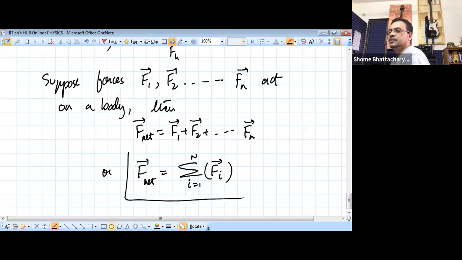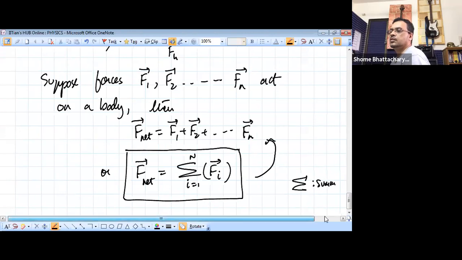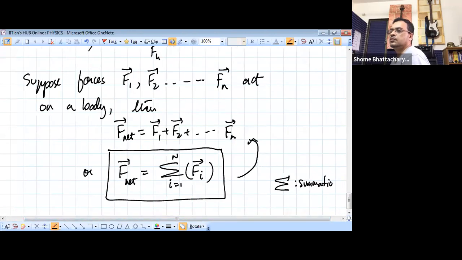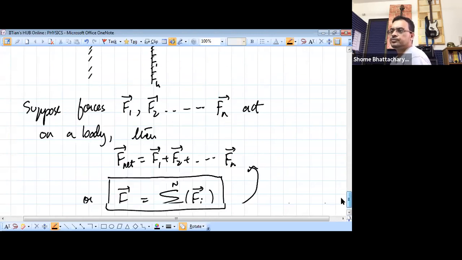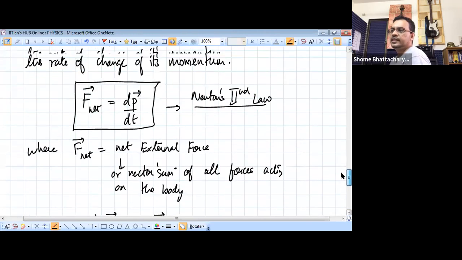This statement is just a mathematical way of writing this other statement. This symbol is called the summation symbol. What we write below it is the lower index and this is the upper index. When we expand this term, it basically means that the value of i is going from 1 to n. So it will be F1 plus F2 plus F3 up to Fn. So i is called the index.